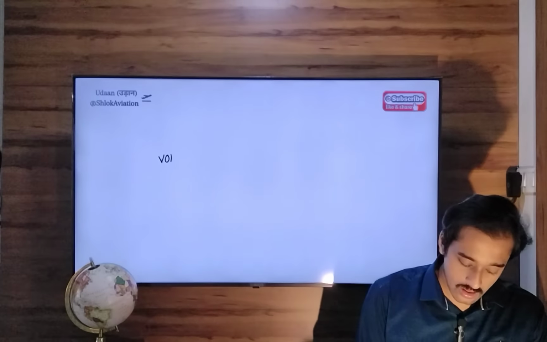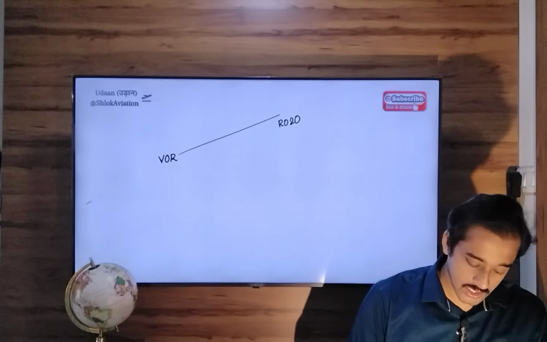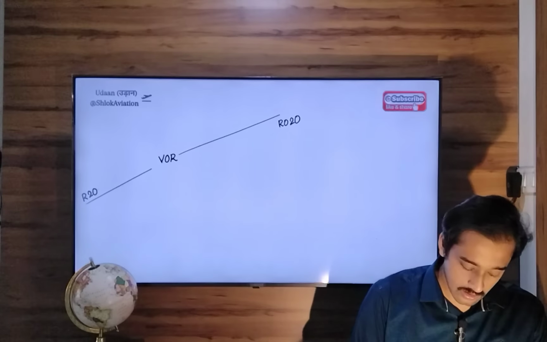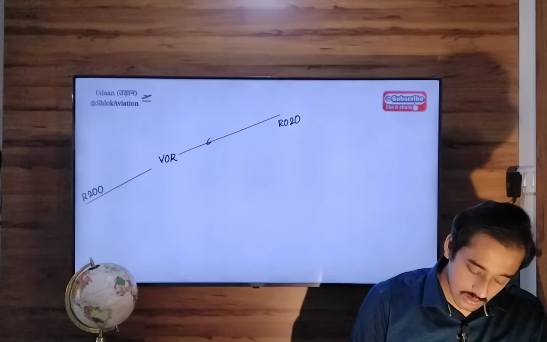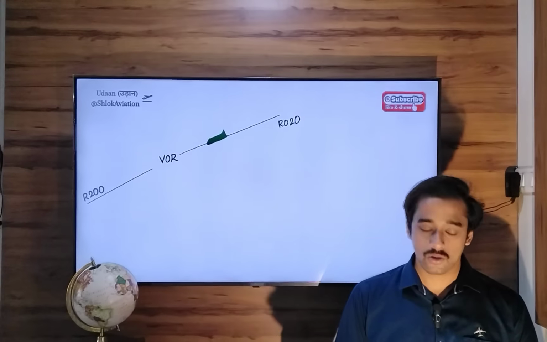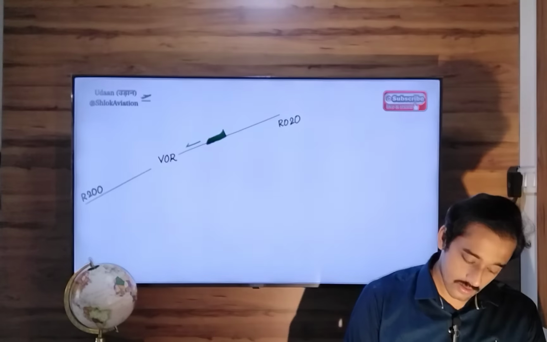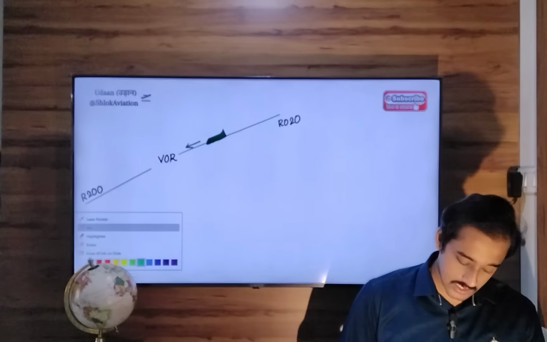This is your VOR station. This is radial 020. This is radial 200. Flying inbound on this radial 020 towards this VOR station, the HSI indication should be something like this.